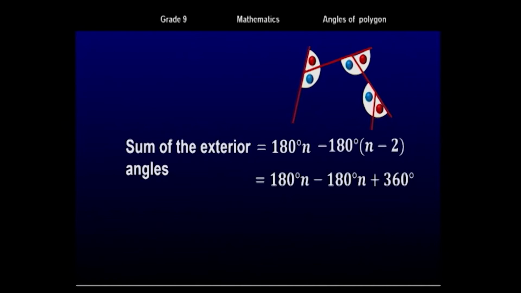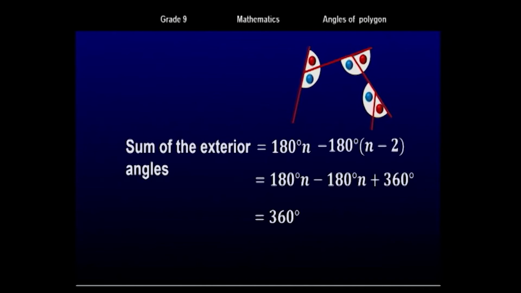When we multiply a negative number by a negative number, it should be a positive number. So here 180 into n minus 180 into n plus 360 degrees. Then you can simplify 180 into n minus 180 into n.